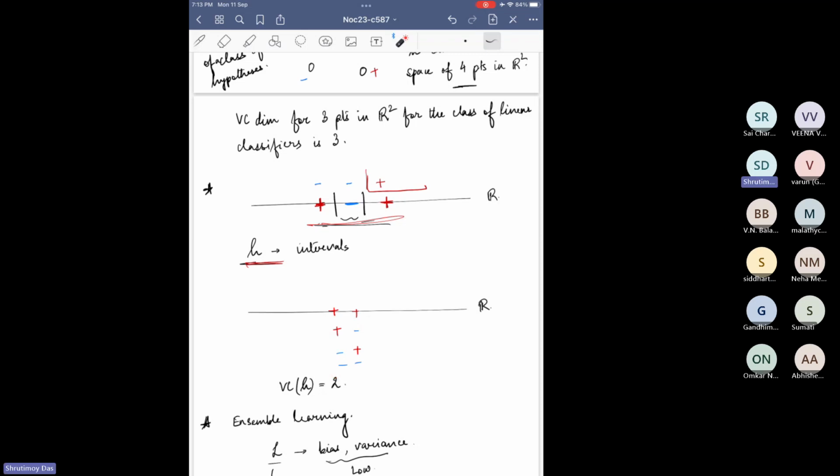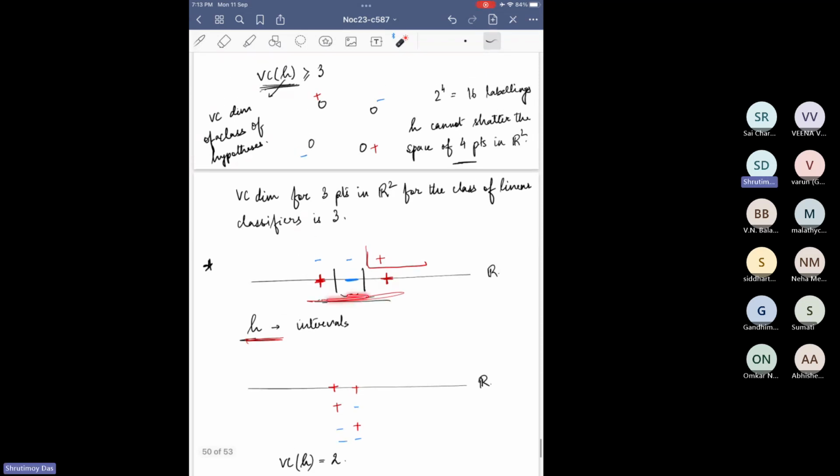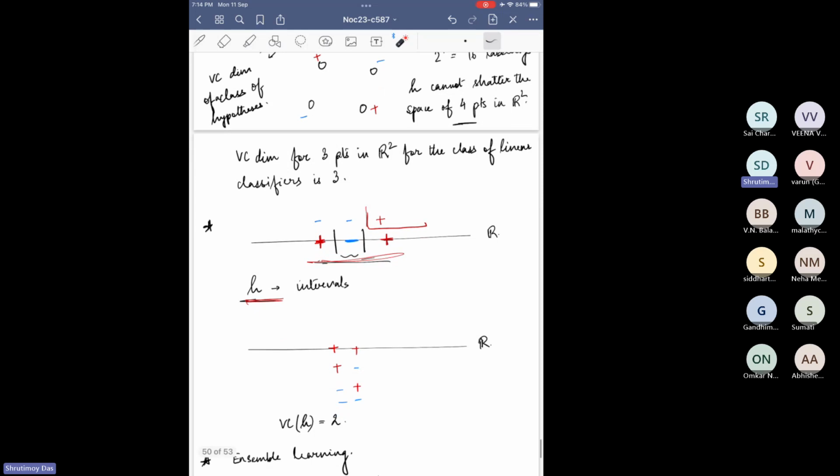Or maybe there may be some example where, as you are looking at 3, there cannot be a shattering with this type of hypothesis, then your VC dimension cannot be 3 in this case. So we have to look at a smaller number of points. Then we say that the VC dimension is 2 because it can shatter the space of 2 points on the real line. So this is the maximum number of points that can be shattered by some hypothesis.